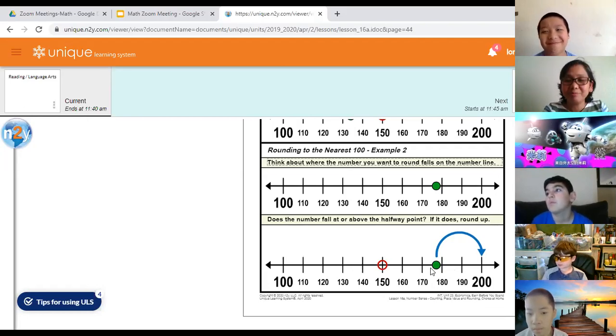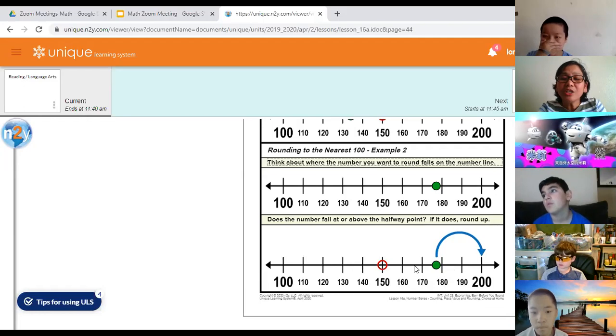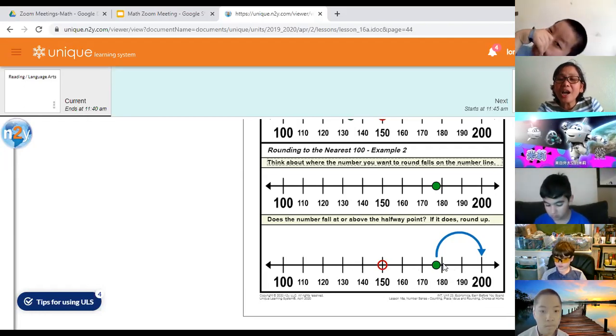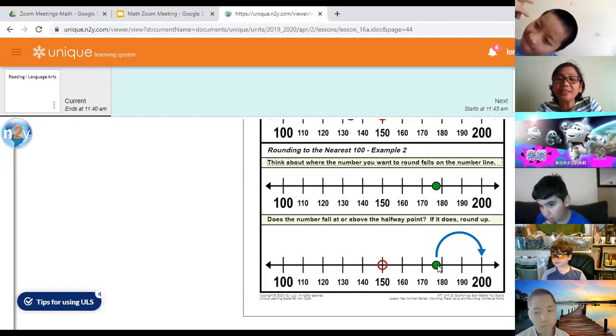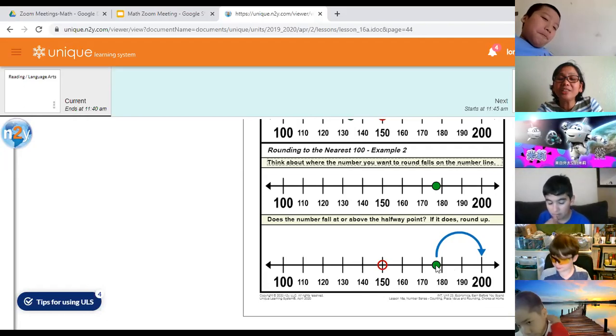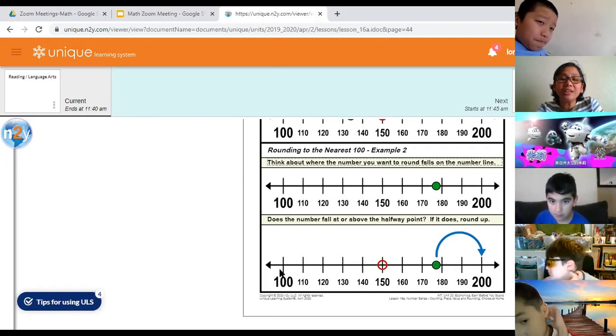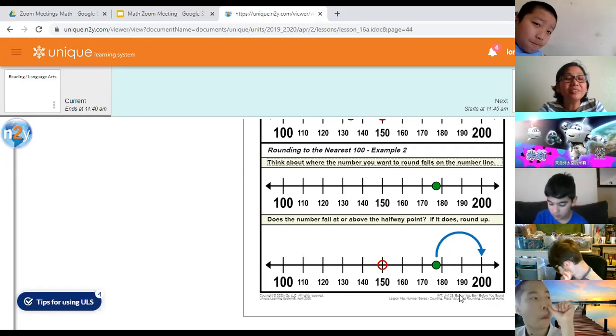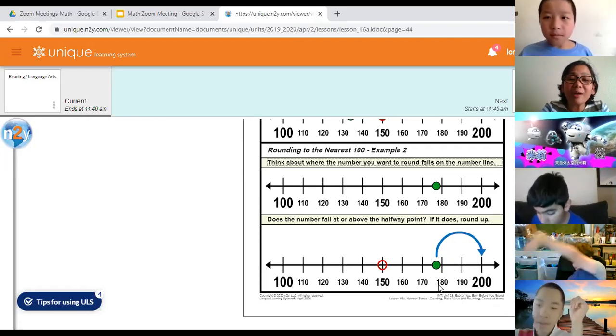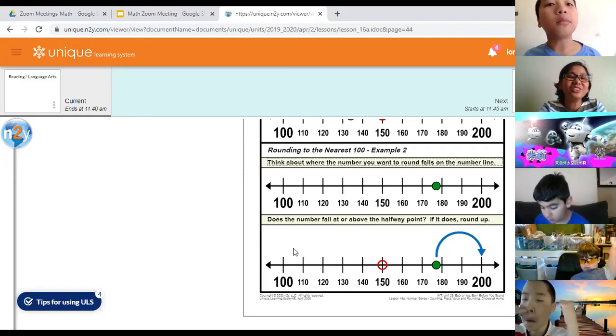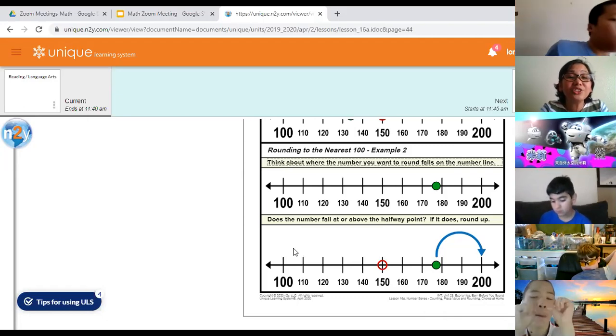Up. Up, very good. So we round up. So if we have 178 here, what happens to 178? Does it become 100 or 200? So you said round up, 200. Good job, El Nathan.